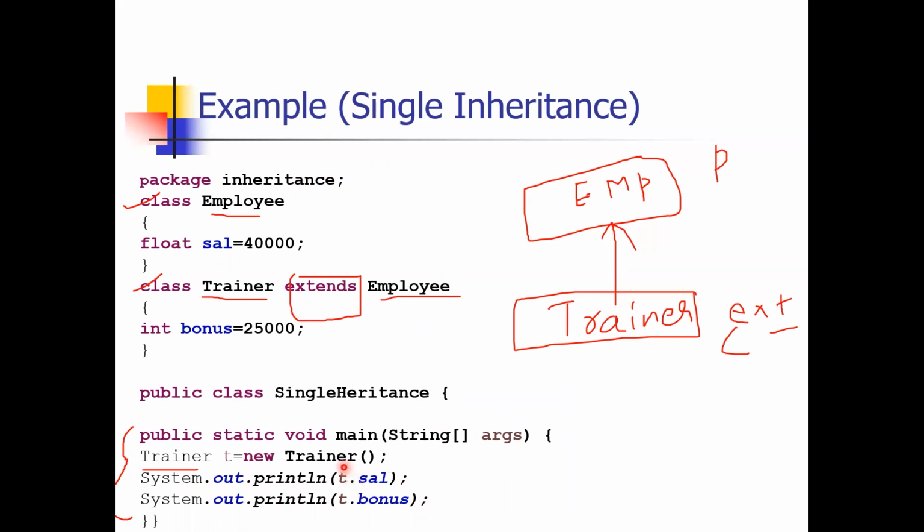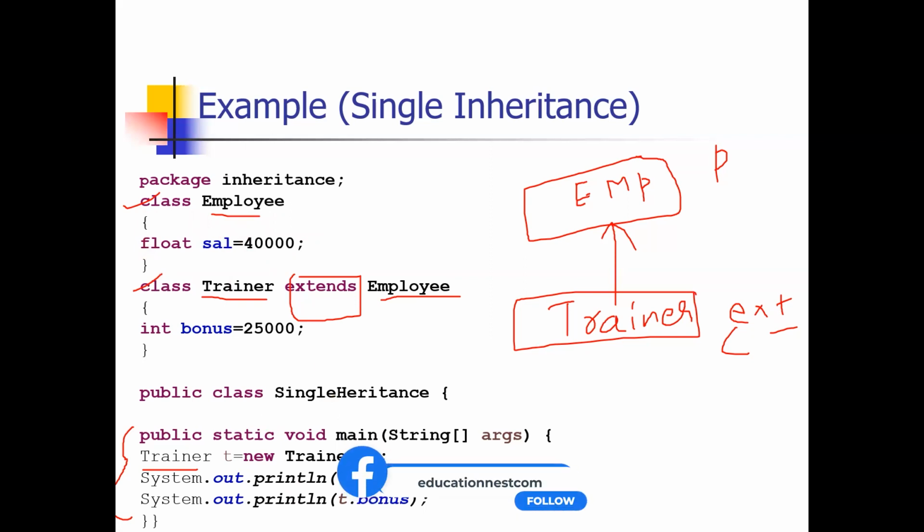Java will understand what this t is: t is the object of class trainer. So it will jump to the trainer class. In the trainer class there is no salary, but since trainer extends employee, it will come to the employee class. Here it finds sal, so it will print 40,000.